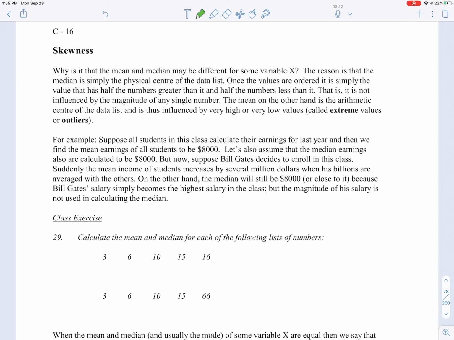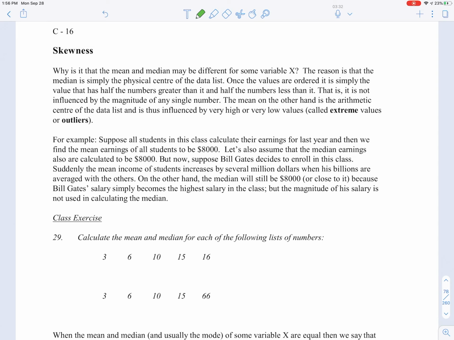So if you put them all in order, then you find that middle value, or if there's an even number, then it's the middle two values, and so it would be halfway in between those two. And the mean, on the other hand, is the arithmetic center of the data. The arithmetic average, of course, you add them all up and you divide through by n to get the arithmetic center of the data here.